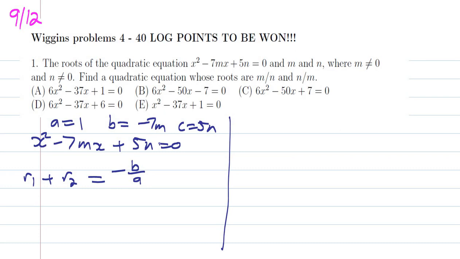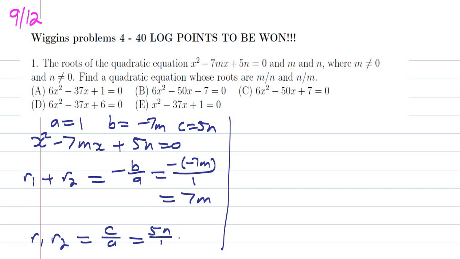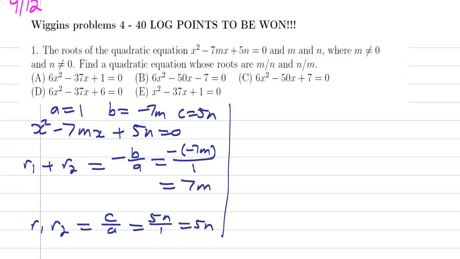Alright, so if we apply this to the problem, it's minus minus 7m over 1, and so the sum of the roots is 7m. And just for fun, the product of the roots is c over a, which is 5n over 1, which is 5n. Alright. But we know the roots are m and n.